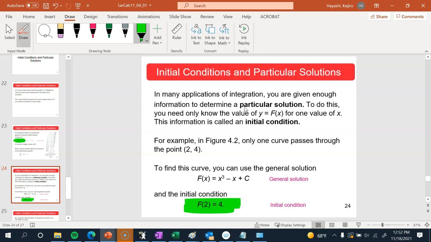So big F of 2 is 4. When you're given that bit of information, it is known as an initial condition. It is a condition that whatever equation you have as your answer has to fulfill.